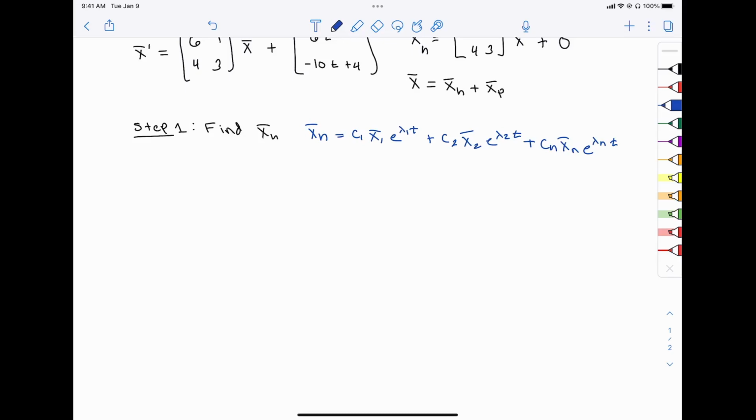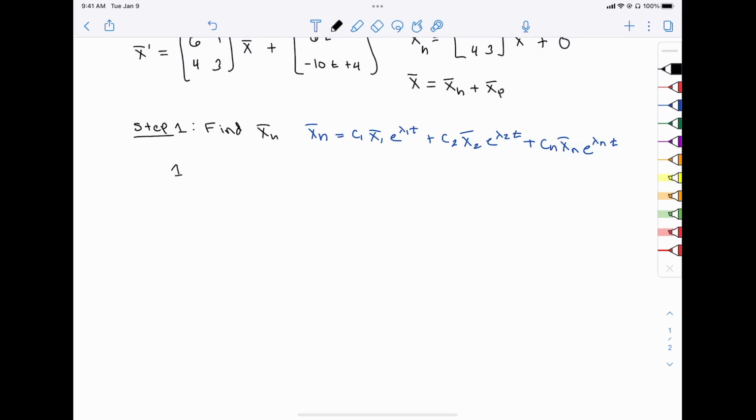And remember that our x's, x1, x2, x sub n, are simply our eigenvectors, where lambda 1, lambda 2, all the way up to lambda sub n are our eigenvalues.